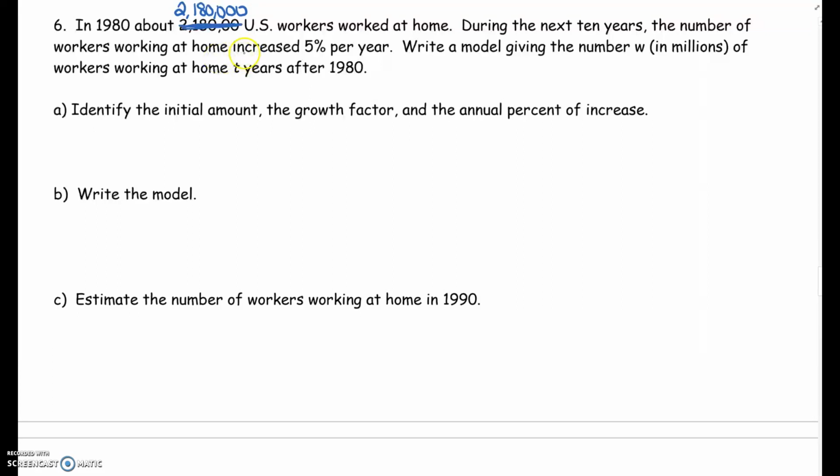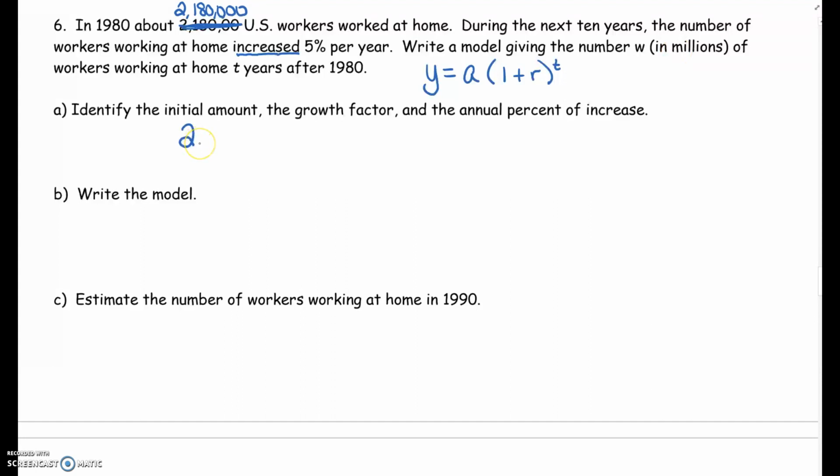It says that it's increasing, which means we want to use the growth model. The growth model is y equals a times (1 plus r) raised to the t. The initial amount would be the 2,180,000. They want us to write this in millions.